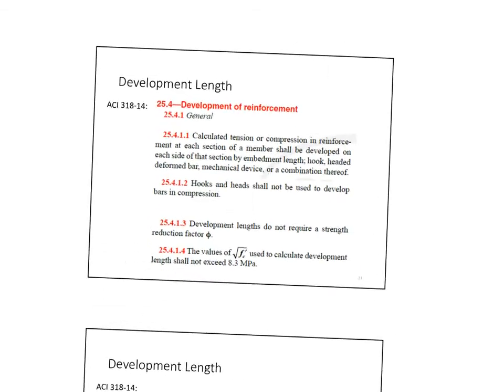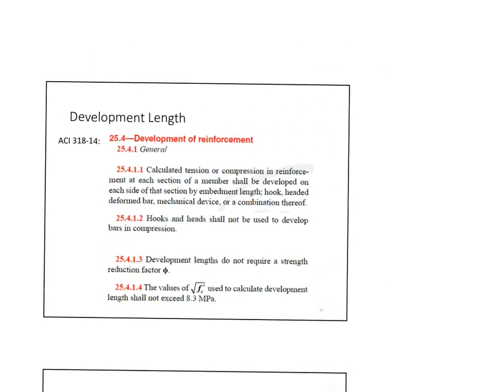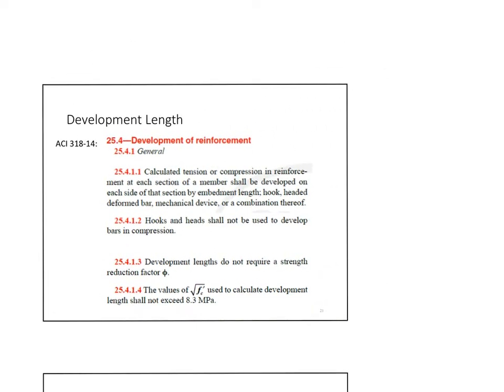Development of reinforcement is basically how much length of the reinforcement you would need to avoid the slippage of the bars. Okay, so if we're talking just development, meaning just a straight bar, here's my concrete, and here's my bar sticking inside the concrete, right?